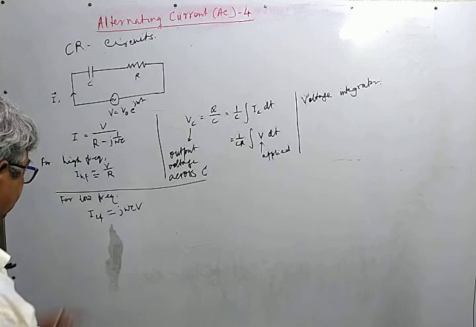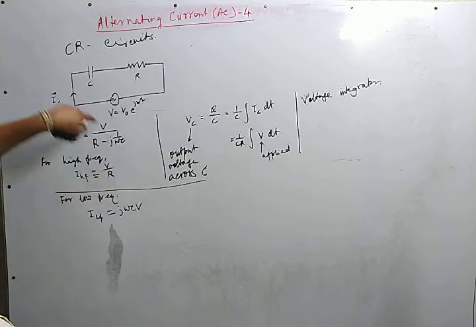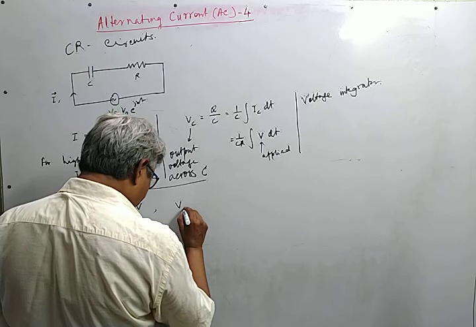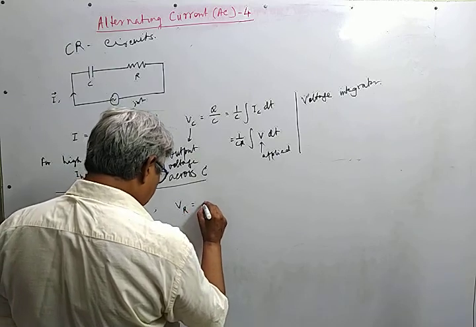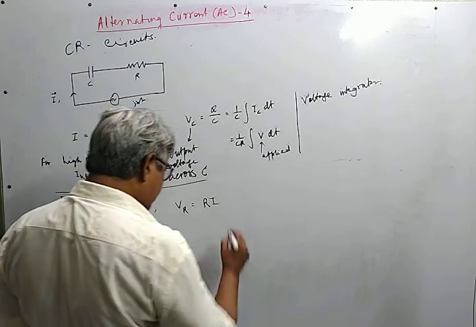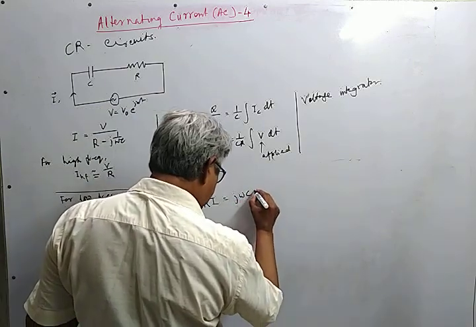For low frequency this part is very high, so we neglect R, and this is the result. And if we measure the voltage across the resistor, the voltage across the resistor is Ri, and for I we use this expression, j omega CV.